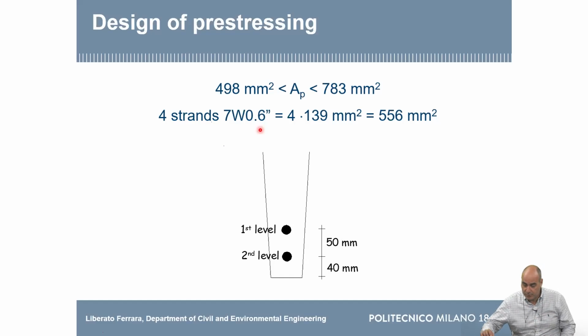The code tells you the minimum cover is 2 centimeters, which can be these 20 millimeters. Then you must imagine that you will put some kind of stirrup. The minimum diameter of the stirrup is 8 millimeters.